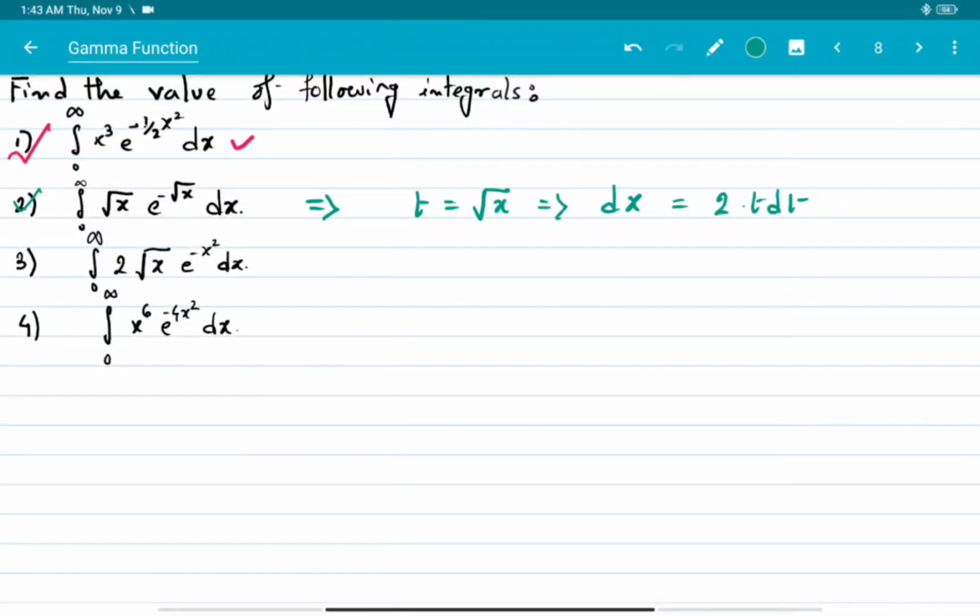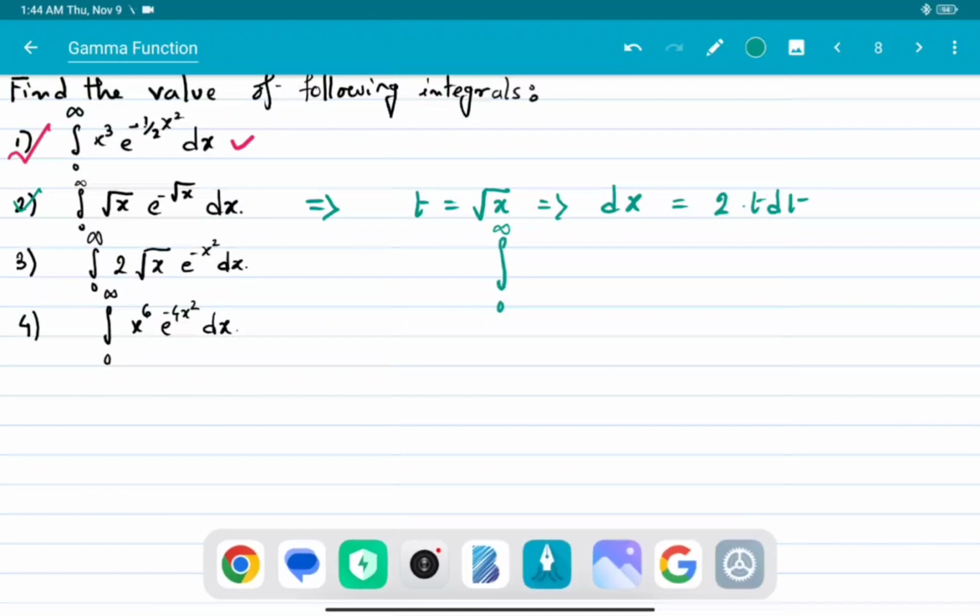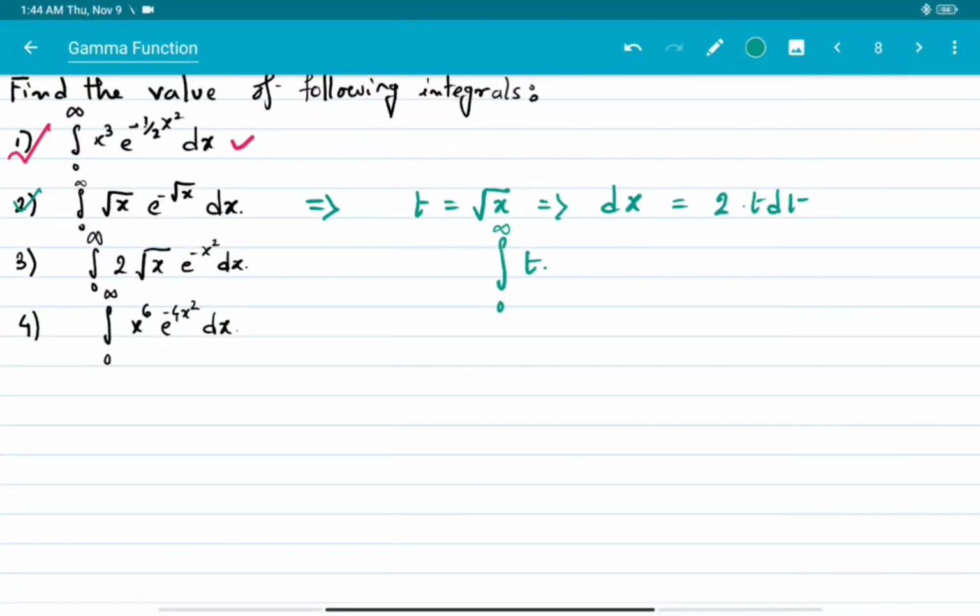If we do the substitution, the integral limit will be the same, 0 to infinity, and this is t times e to the power minus t, and this is 2t dt.